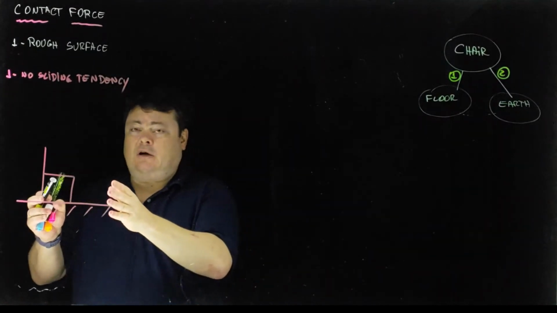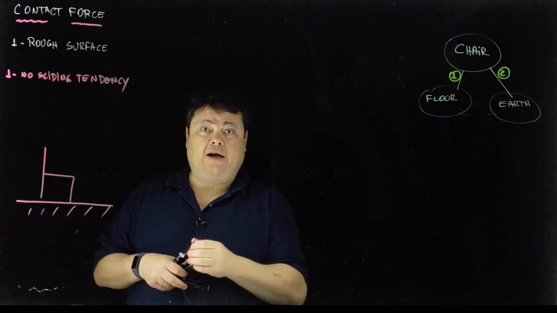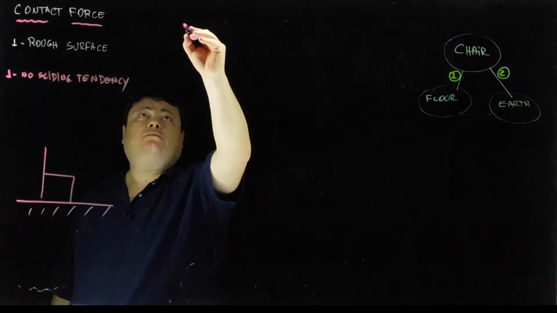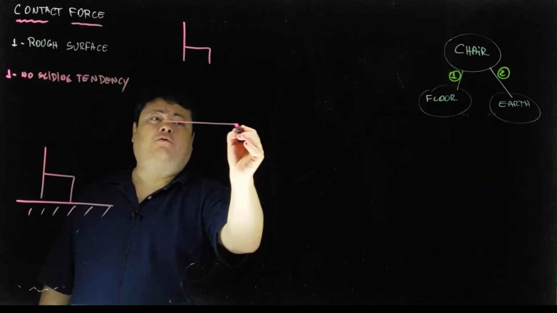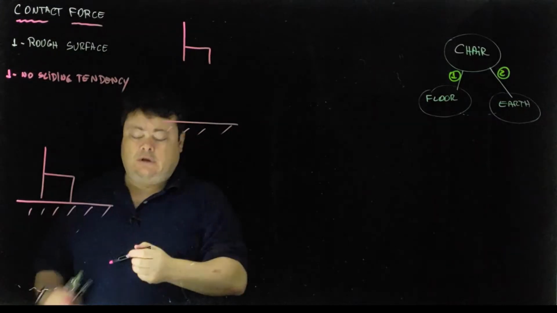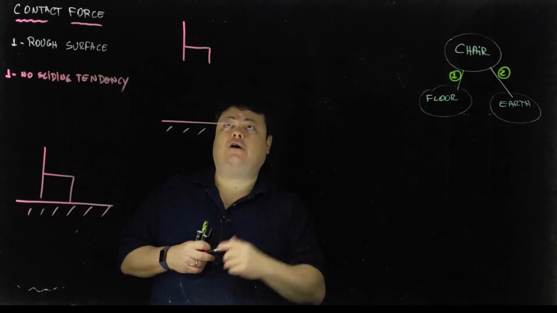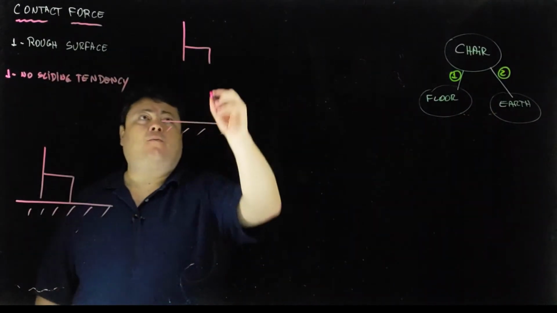I'm going to represent this chair separately on my free body diagram. So I have here the chair, and then the floor. The forces acting on the chair would be, first, a force of the earth on the chair.